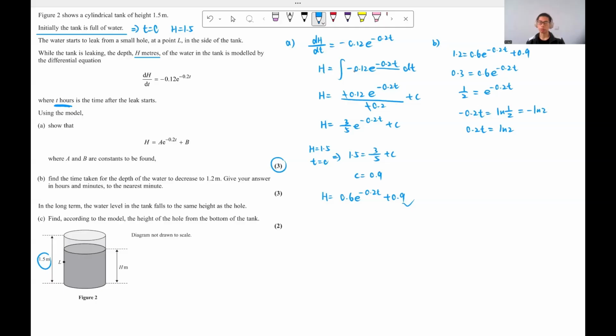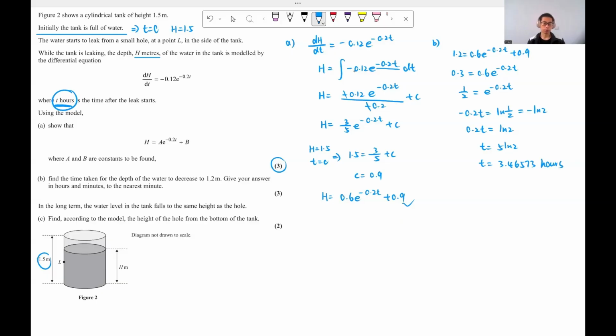And then t is just equal to 5 ln 2, because dividing by 0.2, 1 over 0.2 is equal to 5. So 5 times ln 2, put in the calculator, we have t is equal to 3.46573, and then the units would be hours.